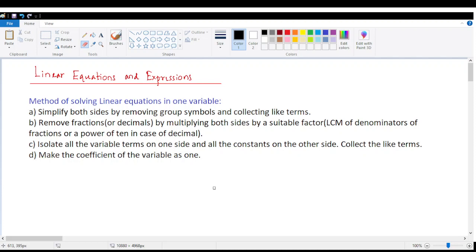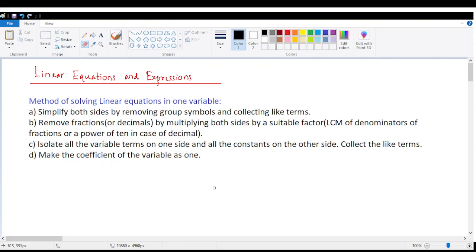The variable attached with its coefficient will be on one side, because the whole thing will be considered a variable term. That particular term needs to be on one side, and constants, meaning only numerical, no variable, have to be on the other side, right?